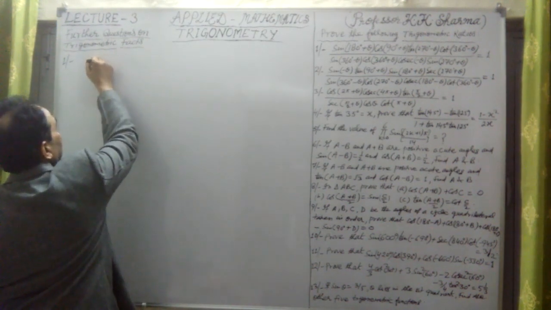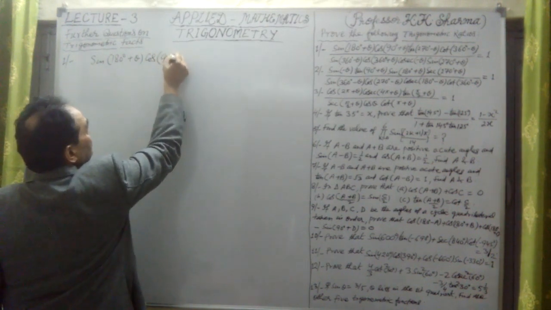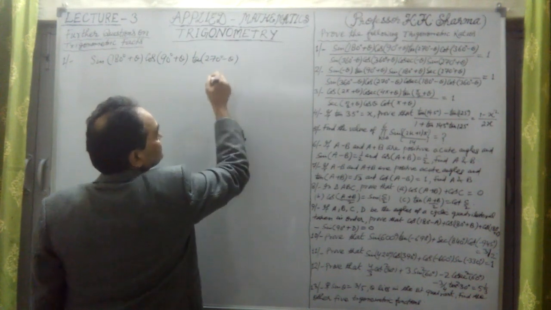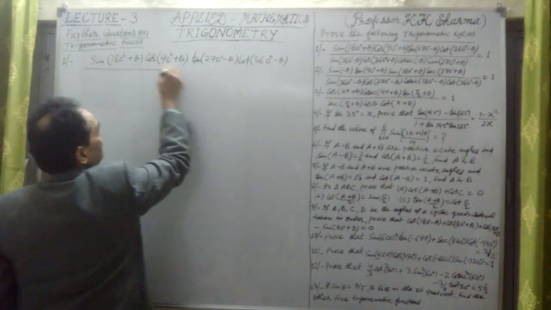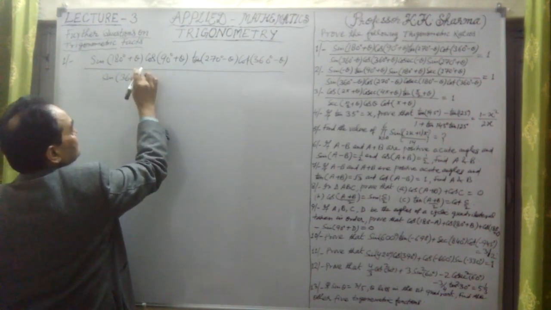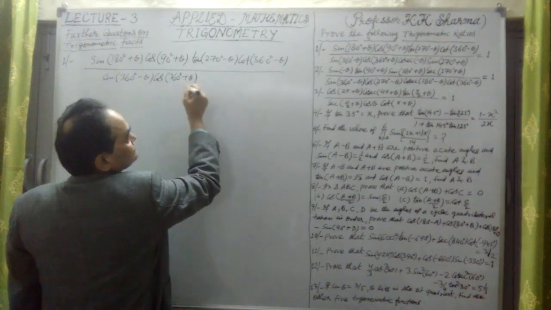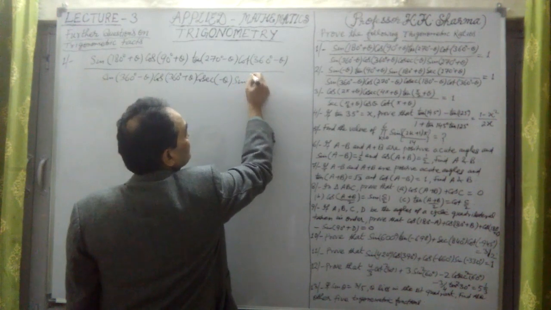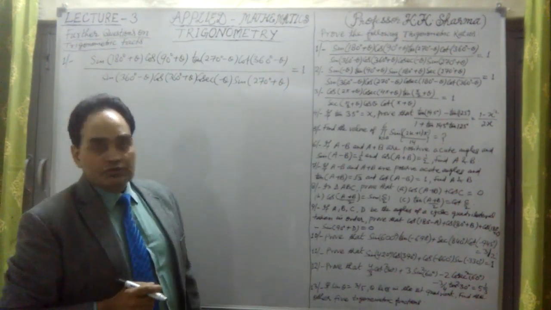The question given is: sine of (180 degree plus theta) into cos of (90 degree plus theta) into tan of (270 degree minus theta) into cot of (360 degree minus theta), whole divided by sine of (360 degree minus theta) into cos of (360 degree plus theta) into cosec of (minus theta) into sine of (270 degree plus theta), this whole is equal to 1. This we have to prove here.